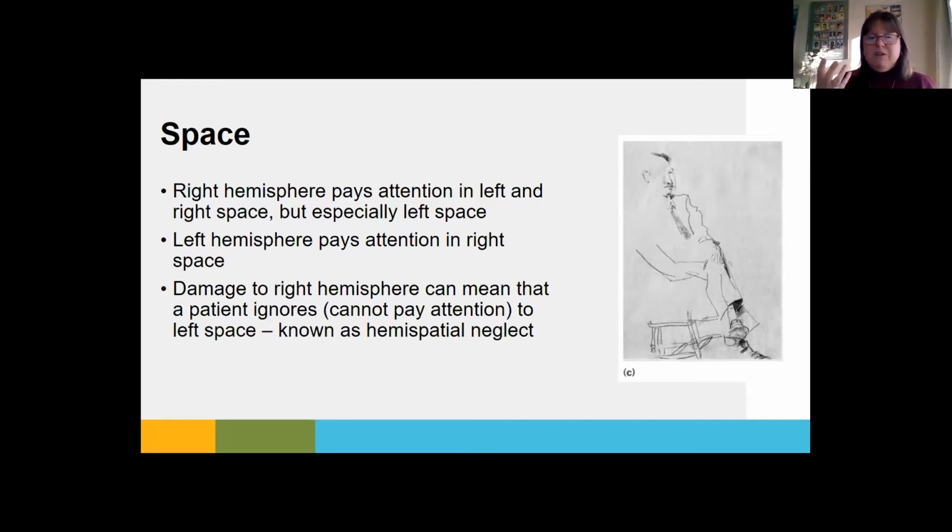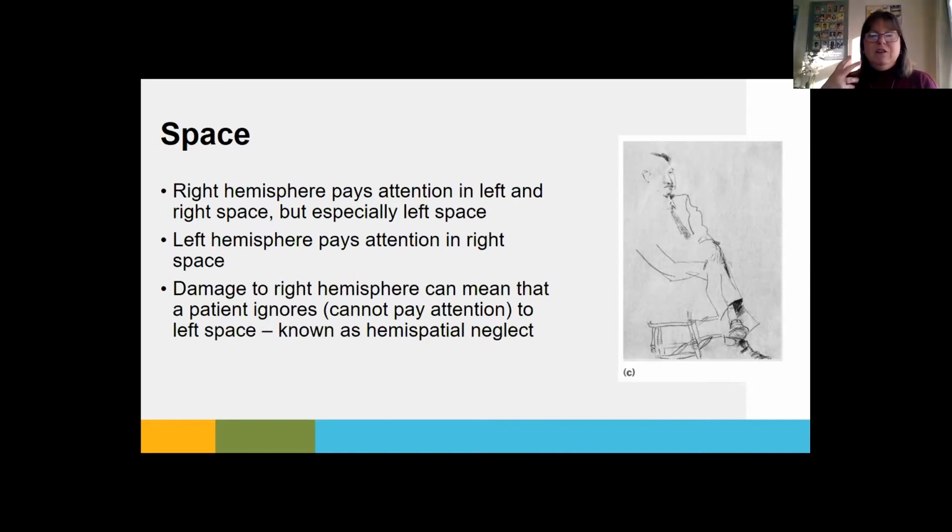But the right part of our brain pays a little bit more attention to the left-hand side of what we're looking at. The left part of our brain only pays attention to the right-hand side of our visual field. So damage to one side of our brain or the other can cause a problem with how we see in the opposite visual plane.